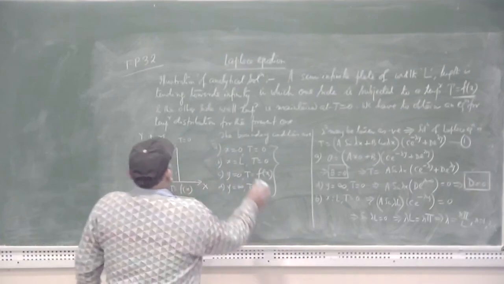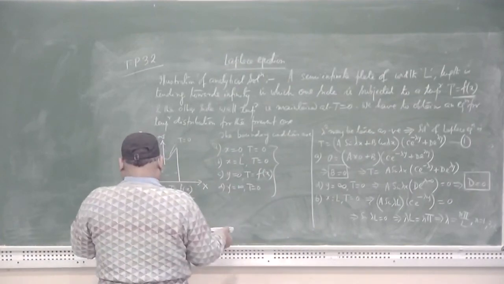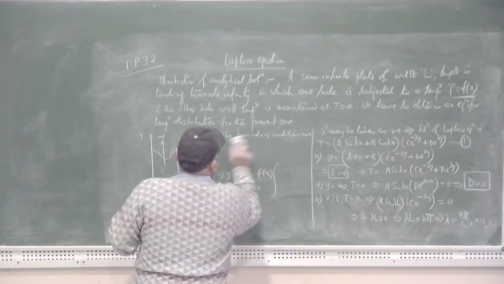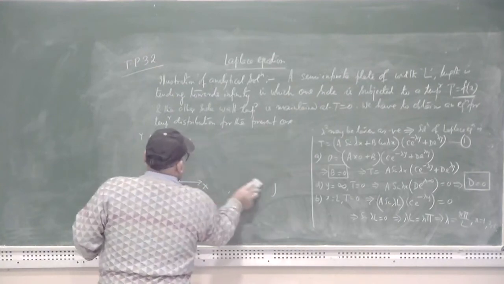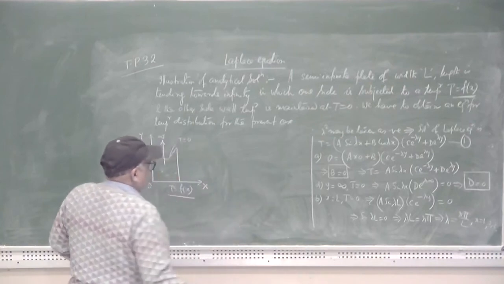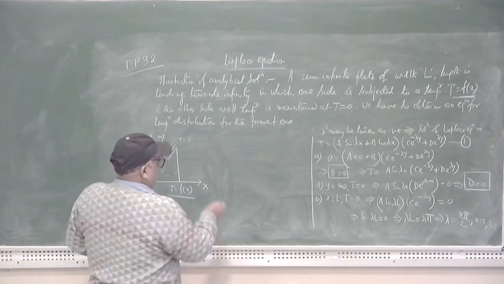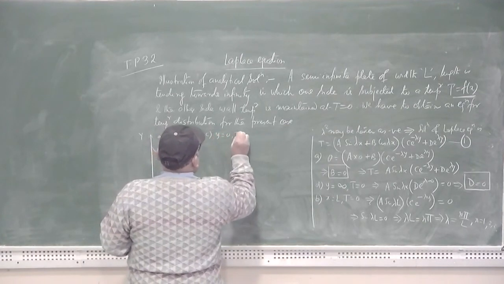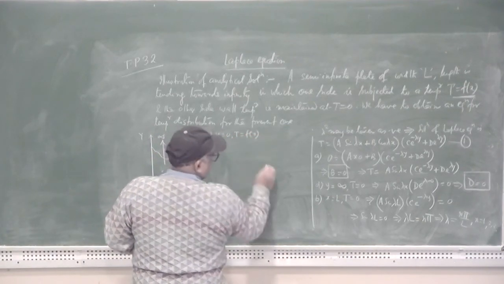Only the boundary condition number 3 is left, otherwise all things have been utilized. So, coming to the boundary condition number C, that at y equal to 0, T is equal to f x.